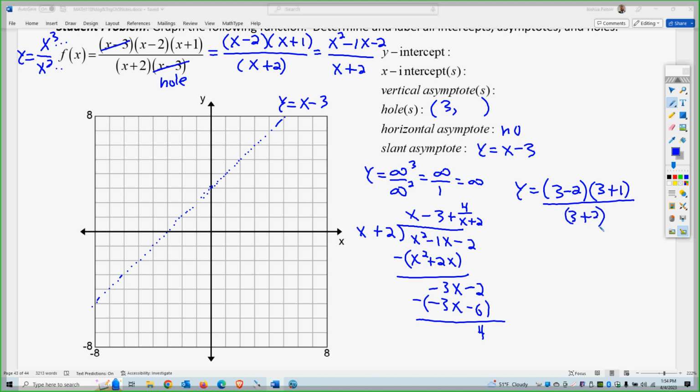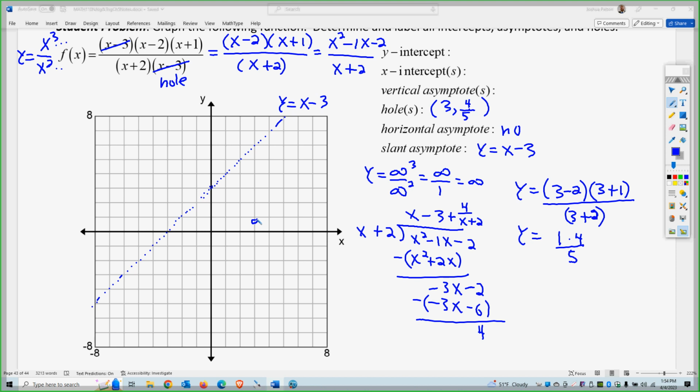I'm going to use the factored form because I think that's the easiest way to get it. So I'm left with 1 times 4 over 5, so 4/5. So 3 and 4/5, we're left with a hole. I'm going to go over to 3, 1, 2, 3, and 4/5, and put a hole.